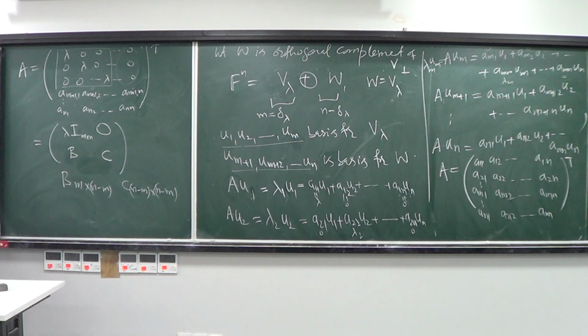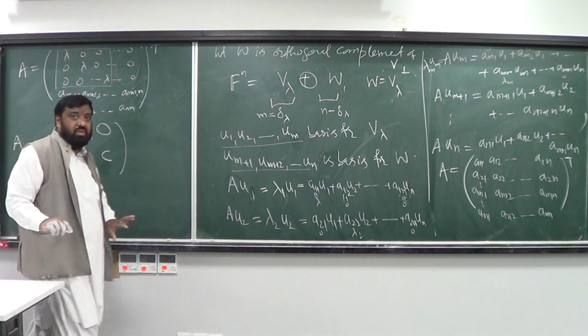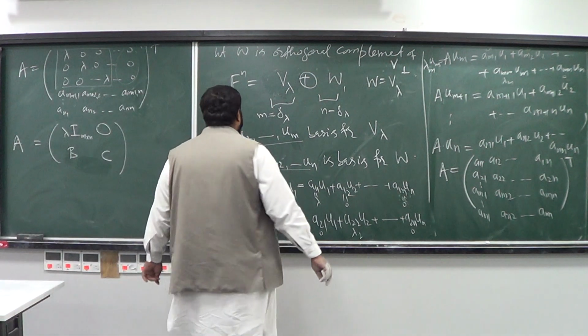So these are the orders. Similarly, you're going to have the order for A. So in other words, that's how the matrix A is going to look in block form.